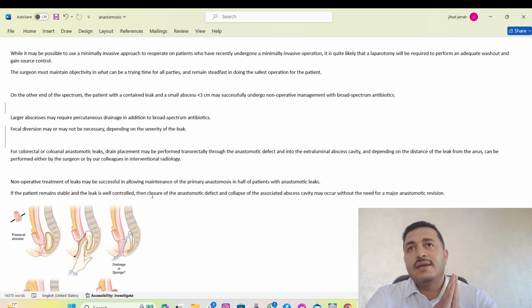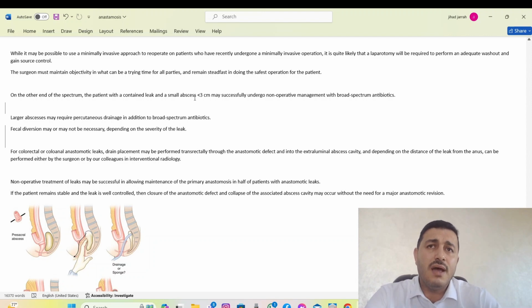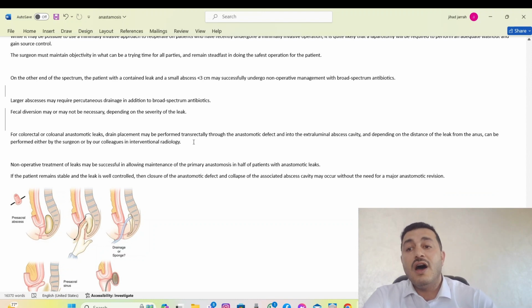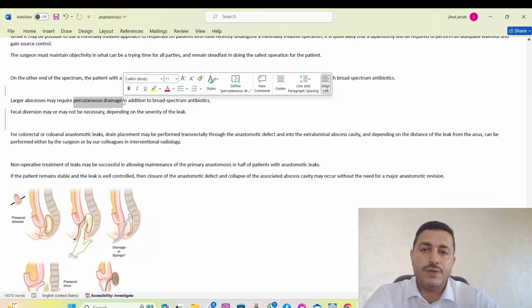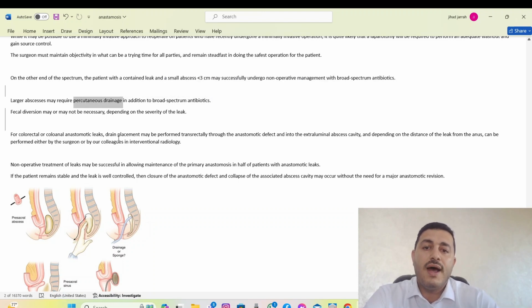If we are talking about a contained leak that is less than 3 centimeters, or an abscess less than 3 centimeters, this can be treated non-operatively by antibiotics, whereas larger abscesses may require percutaneous drainage with antibiotics. Sometimes it's up to the surgeon if he wants to use a combined technique, percutaneous drainage plus fecal diversion.